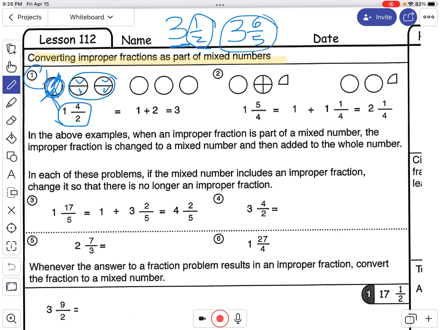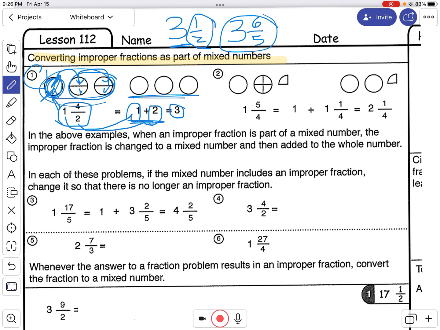See, this is a whole, and it's the same as that, and it's the same as that. So that's 2 wholes. And so what we do is we copy the 1 right there, and then 4/2, which is 4 divided by 2, really. 4 divided by 2 is 2, and then 1 plus 2 is equal to 3. And you can see the 3 wholes right here and also right there.